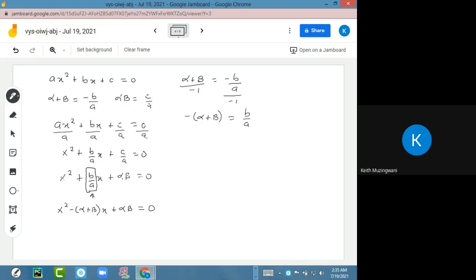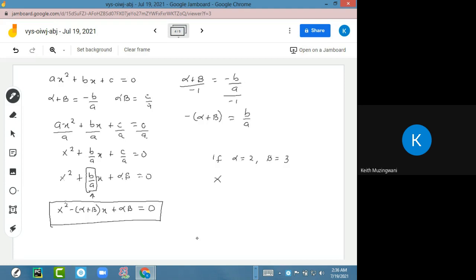Very, very important. This means that, by illustration, I give you a simple example. If alpha is 2, beta is 3, find the equation whose roots are those.